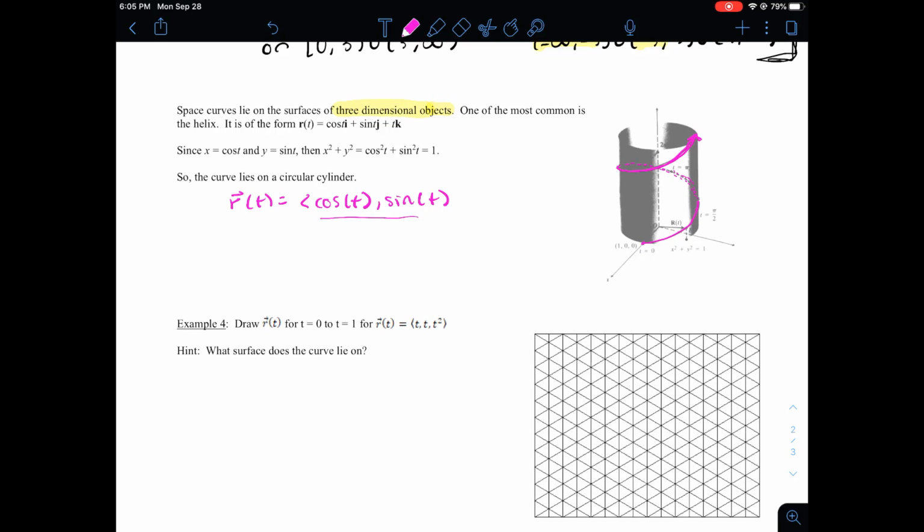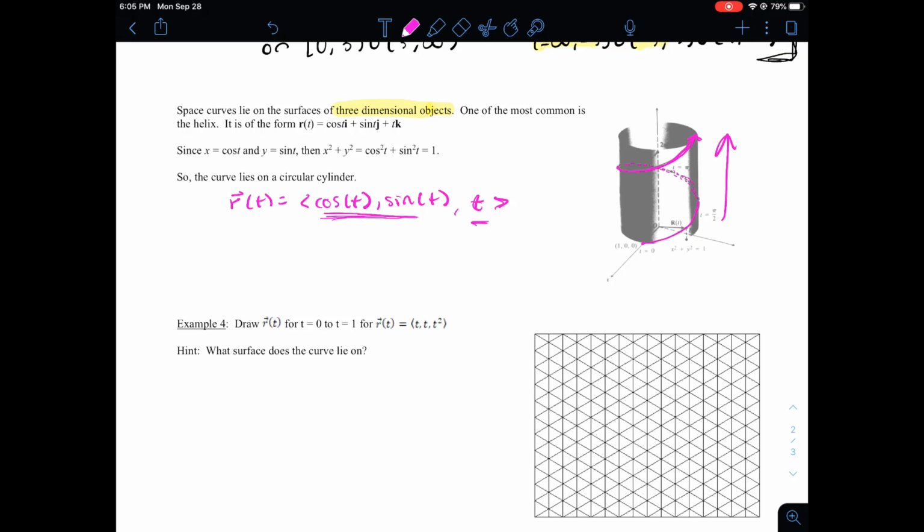That would be just a graph going around in the xy plane over and over again. But because we have this t component, we're also getting some height. As we're going around the circle, our z value is also changing as t changes. That's what gives us this vertical rise, this extra t component here.